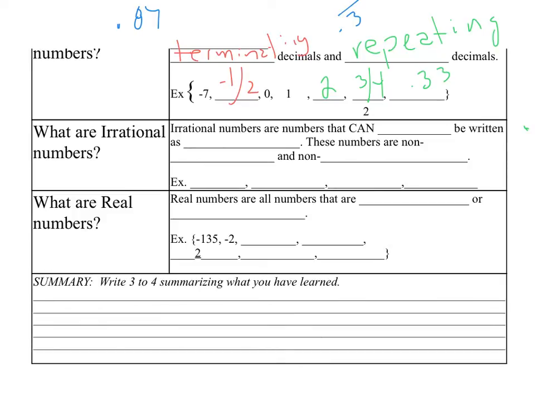Now we are on the other side of irrational numbers. And with irrational numbers, irrational numbers are numbers that cannot be written as fractions.